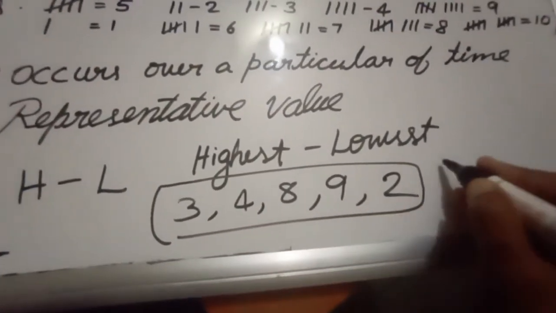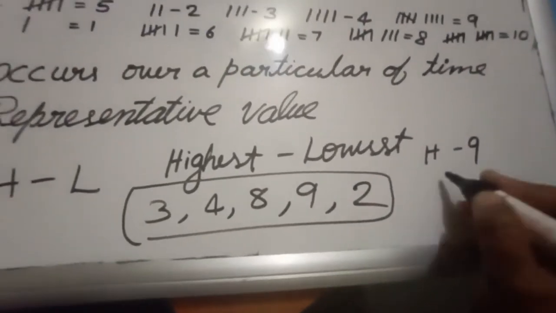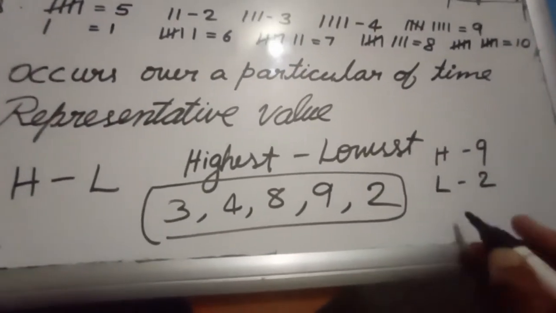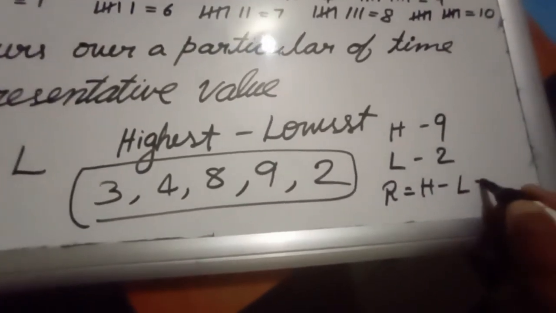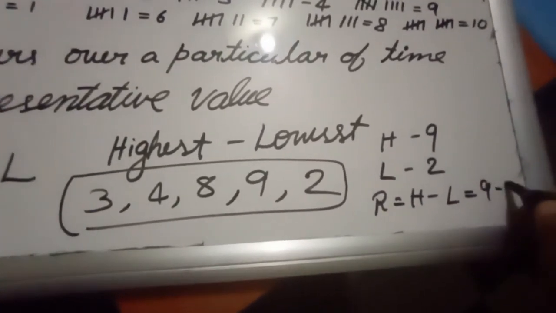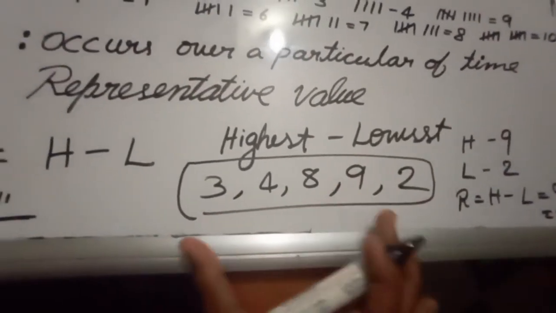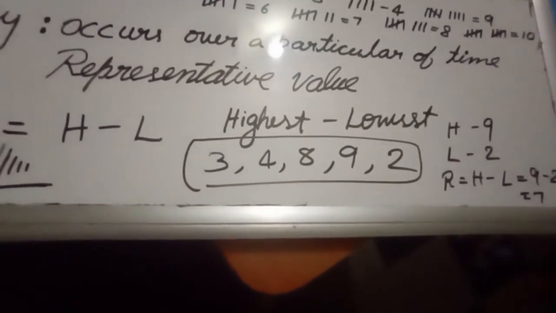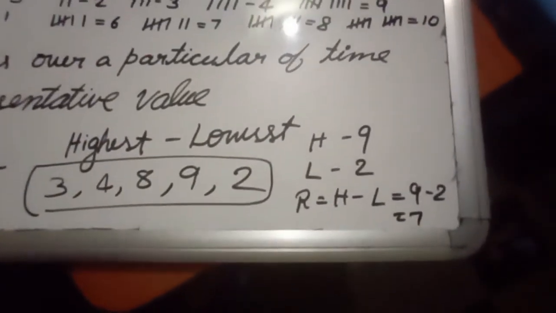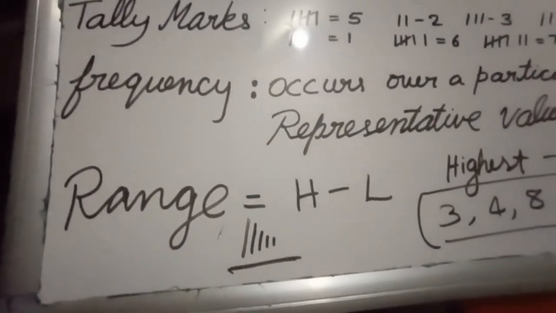In this, which is the highest? Highest is 9. Which is the lowest? 2. Then the range is equal to highest minus lowest, 9 minus 2. So the range is 7. So this data lies within a range of 7. The answer is, the range is 7. Hope you understood what is range.